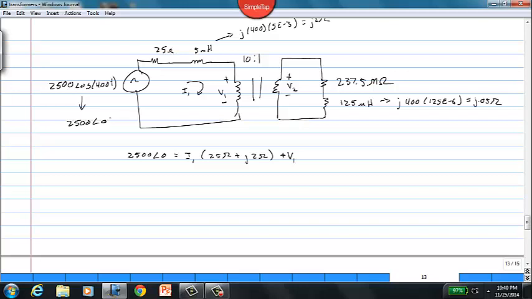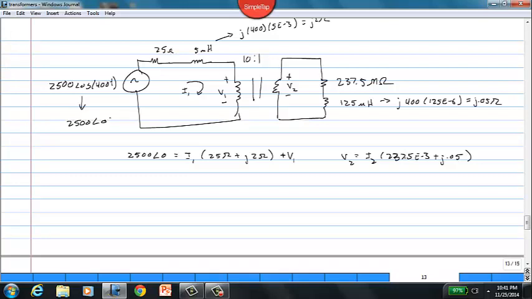And then on the secondary side, we've got V2 is equal to I2 times 237.5 e to the minus 3 plus j 0.05. And that's it. Those are the voltage equations if we're using an ideal transformer. So very, very simple equations.